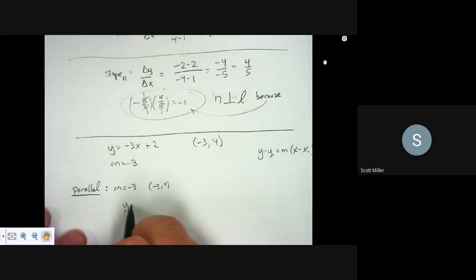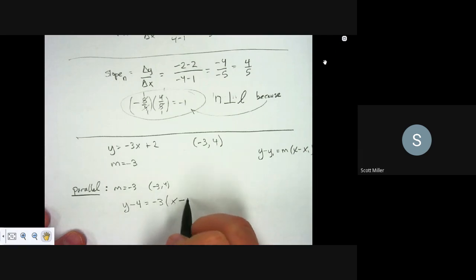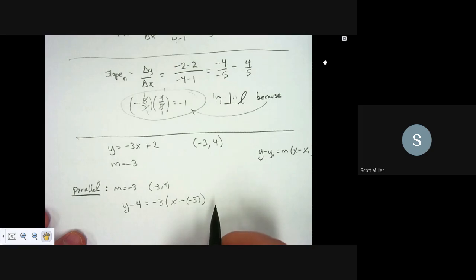So y minus 4 is -3 times x minus a -3. Clean this up a little bit. And you can distribute, and you can add a 4. So y is -3x minus 5.